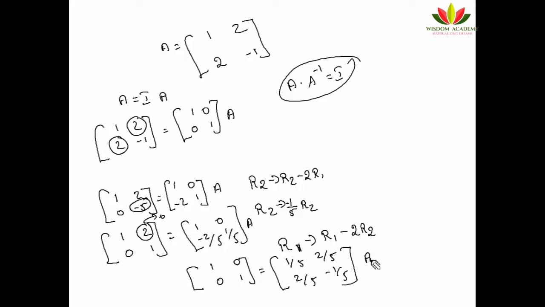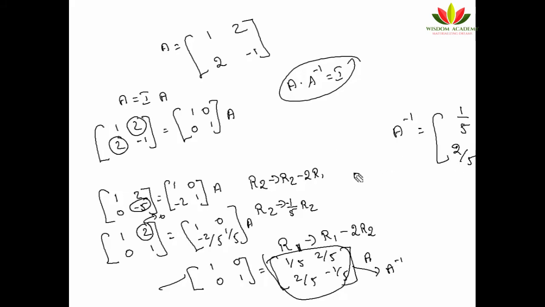Now this is A, and this is some matrix which is giving identity. Then what is this matrix said to be? A inverse, right? So my A inverse of this matrix is going to be 1 by 5, 2 by 5, 2 by 5, minus 1 by 5. So this is the inverse of the A matrix.